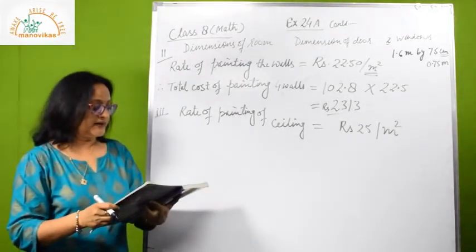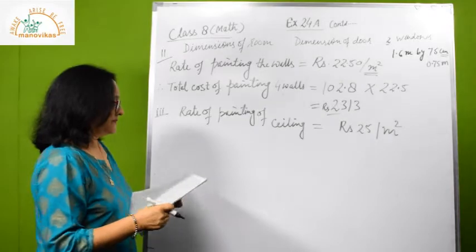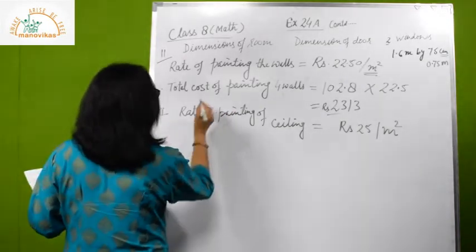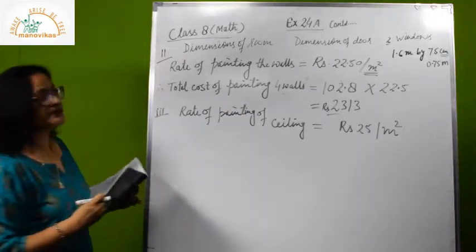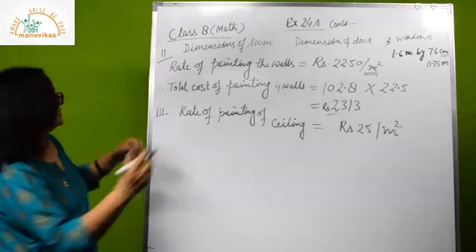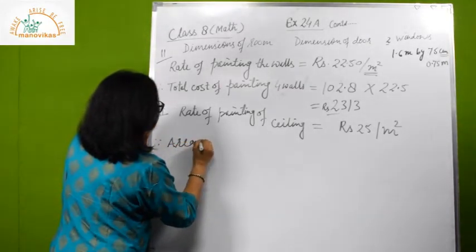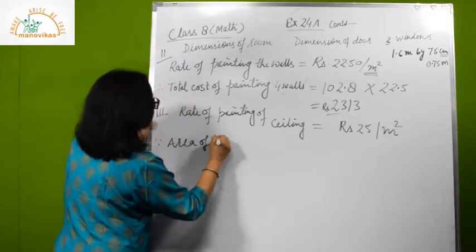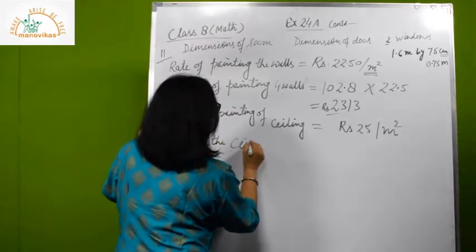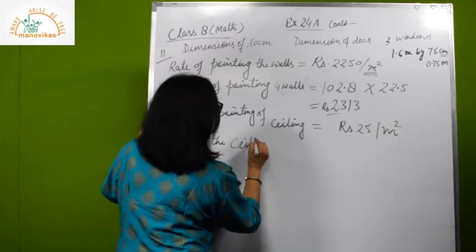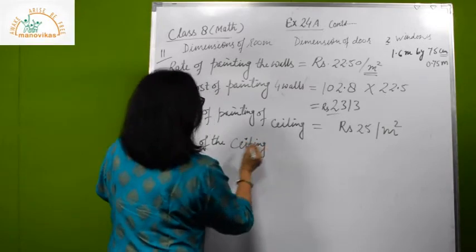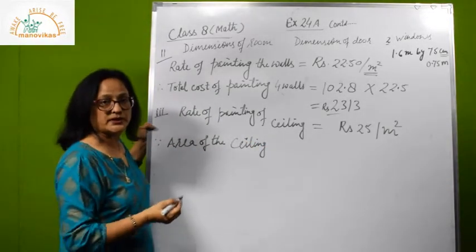So you have to find, first, the area of the ceiling. Then only you can multiply the rate and area and you will get the total cost.